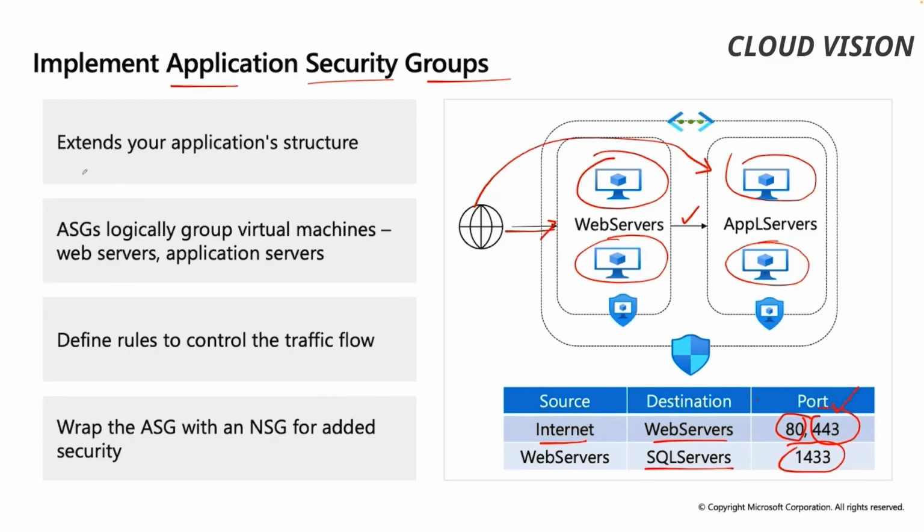Now if you need to extend your application structure, you use ASG. Within the ASG, you define this rule. ASG logically groups virtual machines, web servers, and application servers, and defines rules to control how the traffic flow needs to happen. So in this example, this traffic flow is not allowed, but this is allowed.